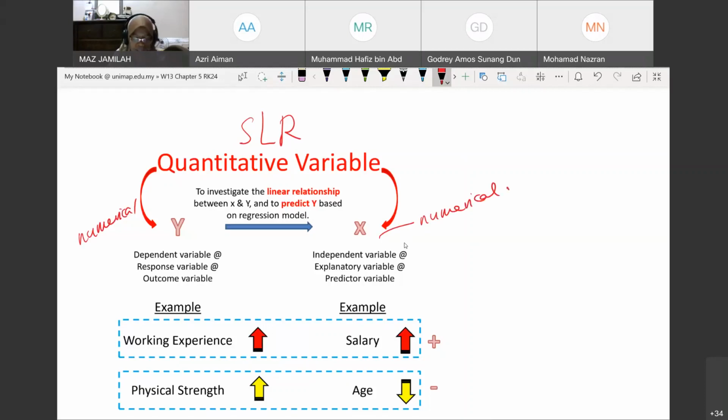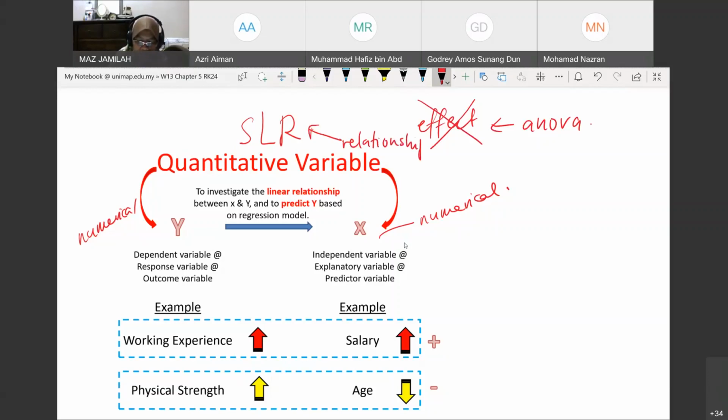You know that in the concept of simple linear regression, these two variables are related. We are not talking about effect. Effect is covered in the ANOVA chapter.